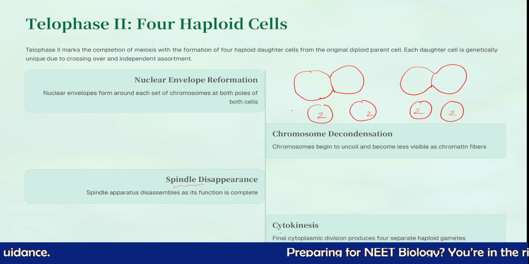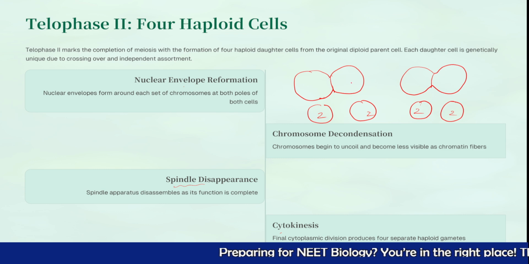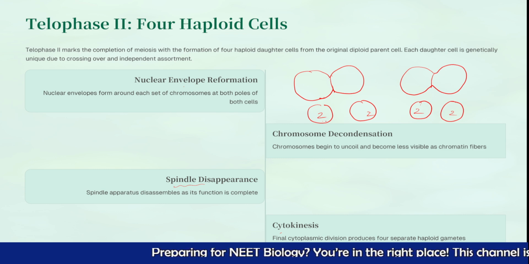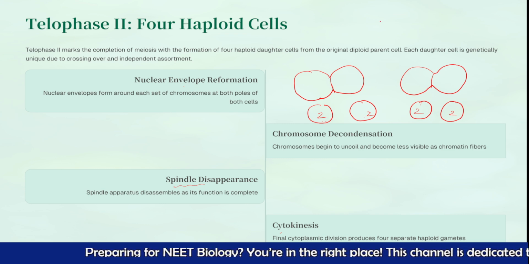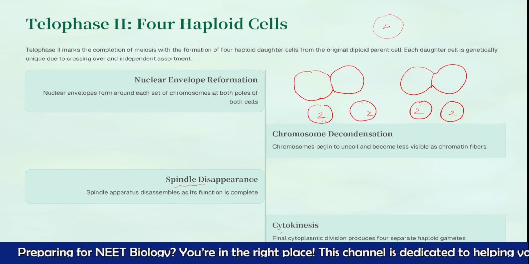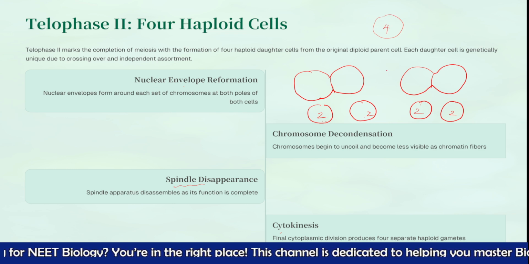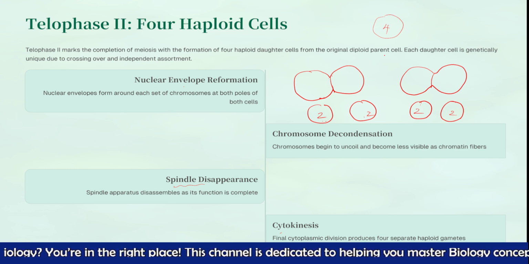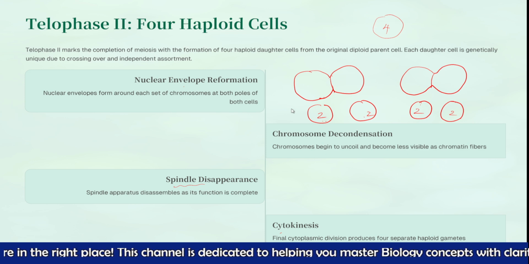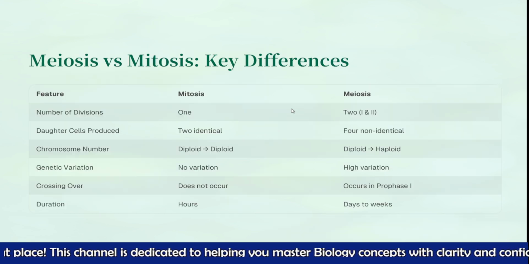The whole of meiosis results in the formation of four haploid cells from a single diploid cell. So that's all about the different phases of meiosis.